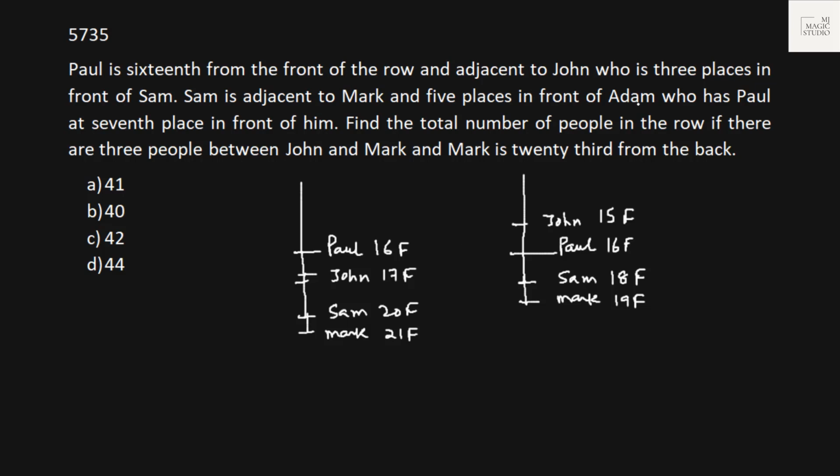And Sam is 5 places in front of Adam. So Adam at 25. Here also Adam at 18 plus 5 is 23. Adam has Paul at 7th place in front of him. 25 minus 7 is 18th.